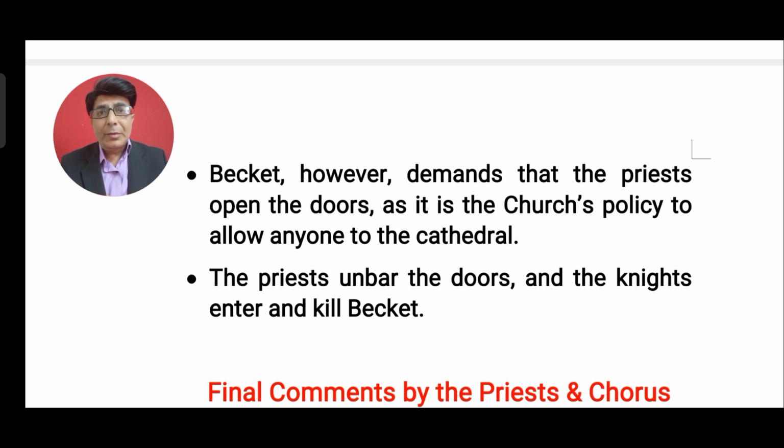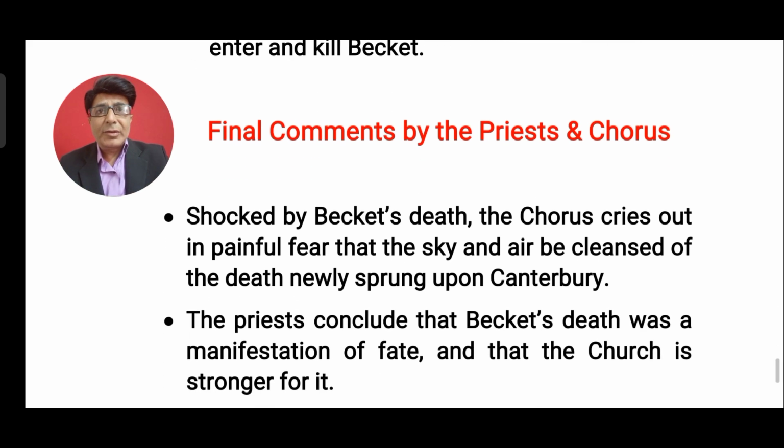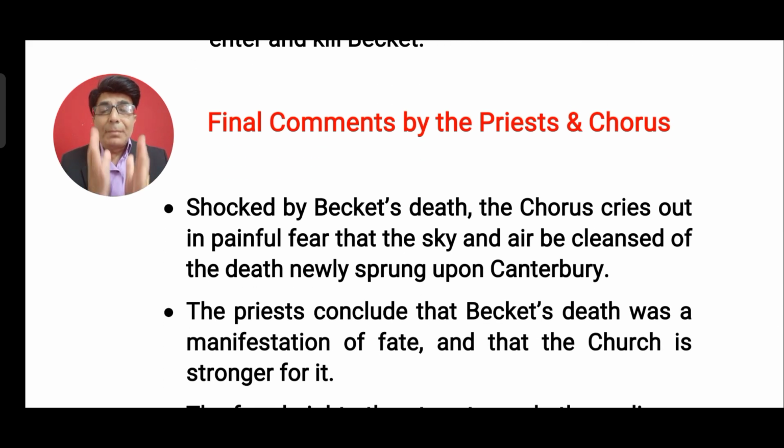Becket, however, demands that the priests open the door, as the church policy is that the church allows anyone to enter the cathedral. And then the priests open the door, and the four knights enter the cathedral and kill Becket. So this is how Becket is murdered.